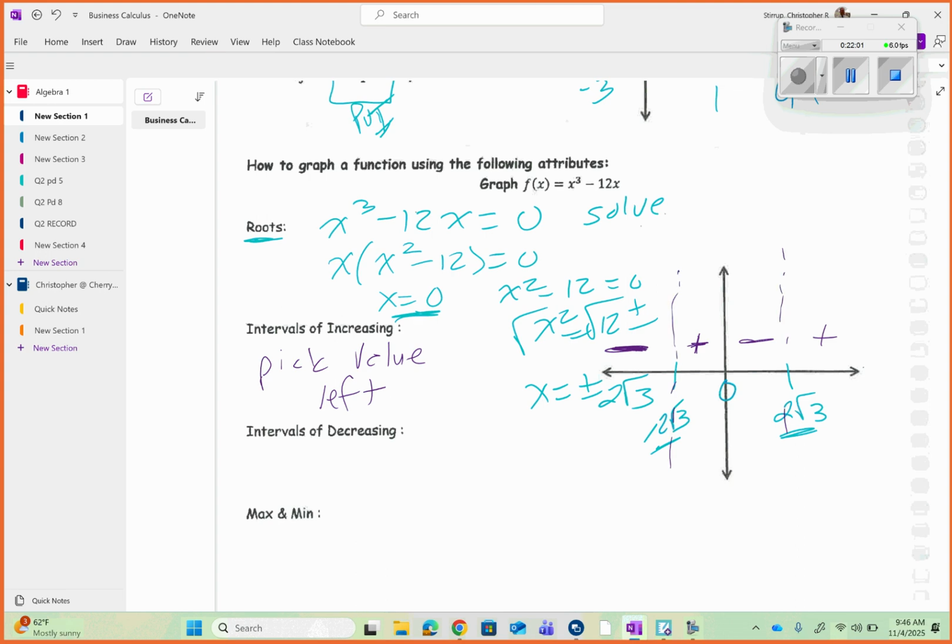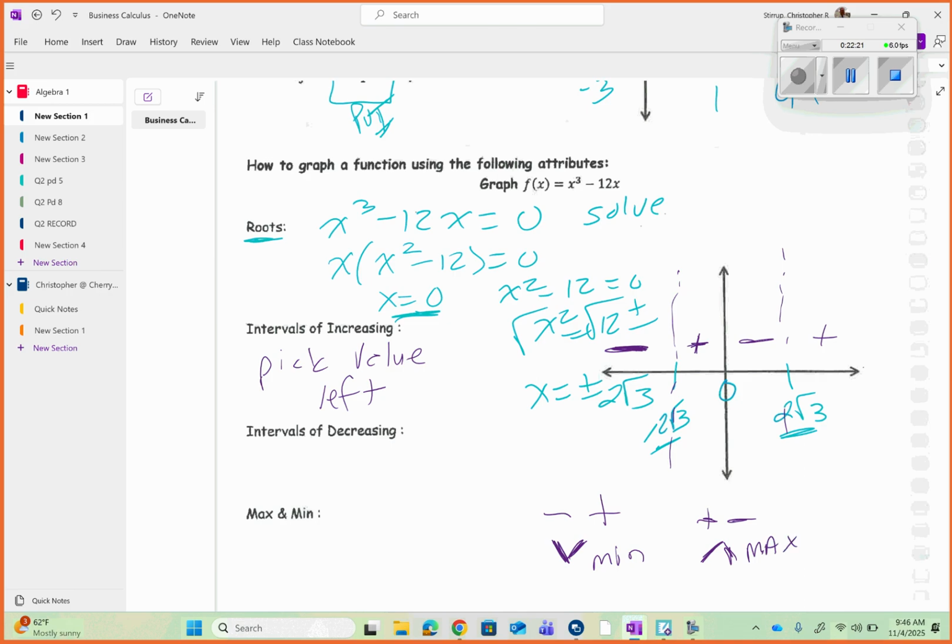So that basically means something is taking place. If I go from a negative to a positive, this creates a min. If I go from a positive to a negative, that creates a max.